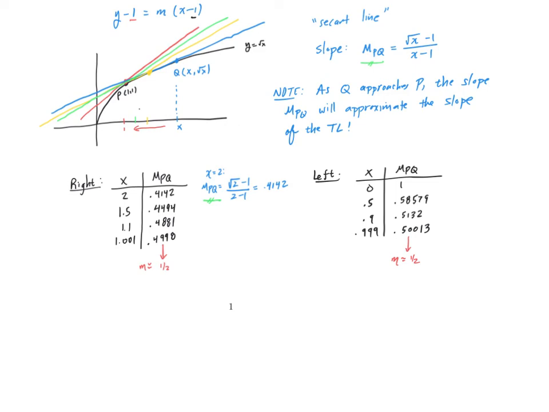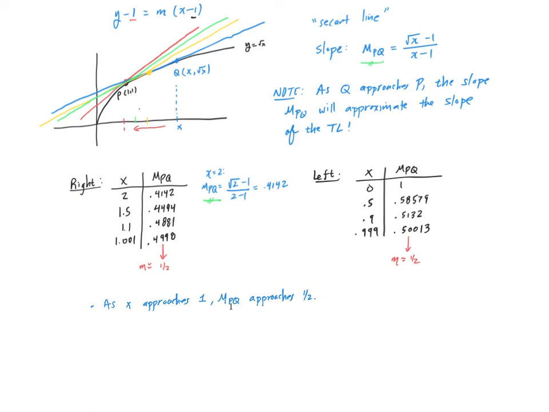So putting this together, I'm going to make just a few observations. The first observation that I want to make is what we have observed through our anecdotal evidence. Note, we haven't proven or shown anything is conclusively true, but we have some nice supporting evidence. As x approaches 1, which it could do from the left or the right, the slope of that associated secant line, MPQ, approaches 1/2.